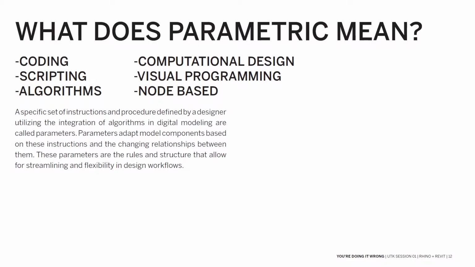But it basically boils down to the relationship between geometry. So making a change in a geometry over here will affect the geometry over here. Or a parametric workflow, meaning affecting a change early in the process, that change will then ripple throughout the process and affect other changes later on. So think of it as a relationship between objects and geometry and relationships over time and over a workflow.